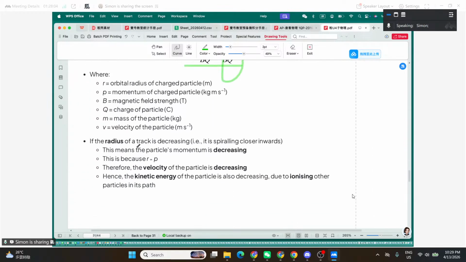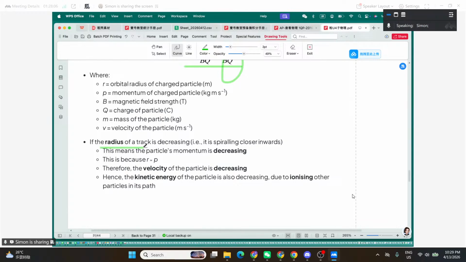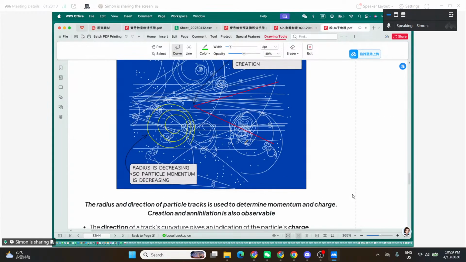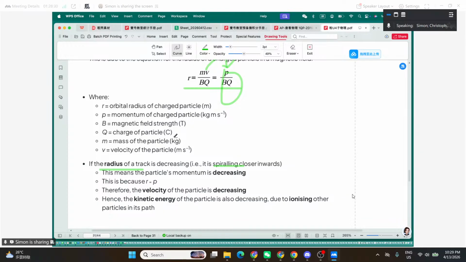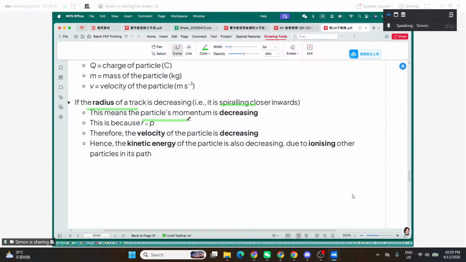If the radius of the track is decreasing, like a spiral closer inward, you will find the radius is decreasing, and this represents the particle's momentum is decreasing.